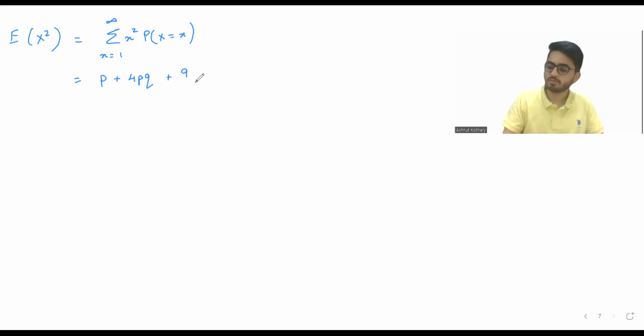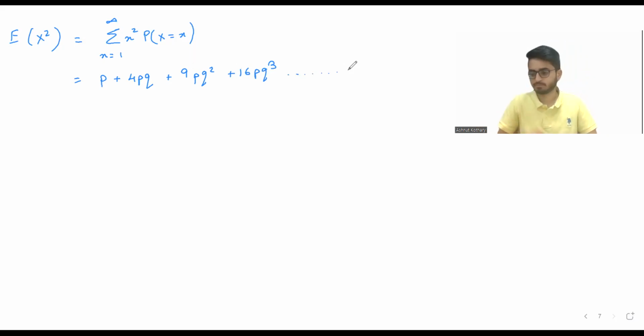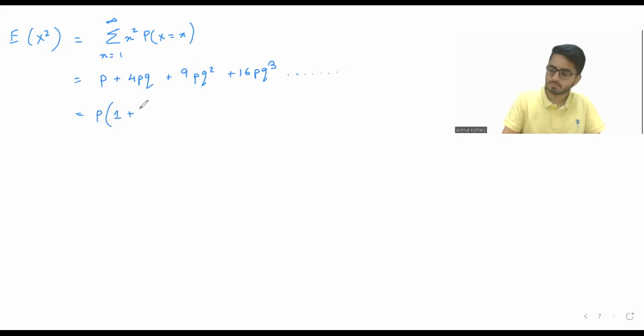The next term will be 9pq square, then 16pq cube, and so on. This I can write as p times 1 plus 4q plus 9q square, and so on.